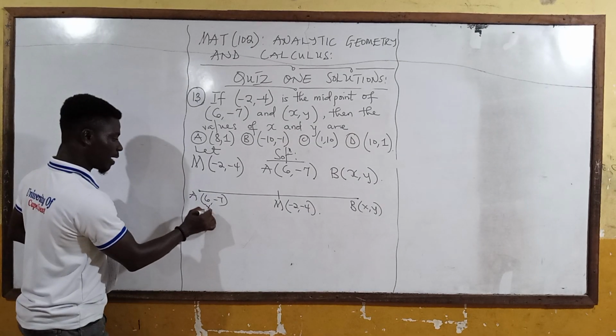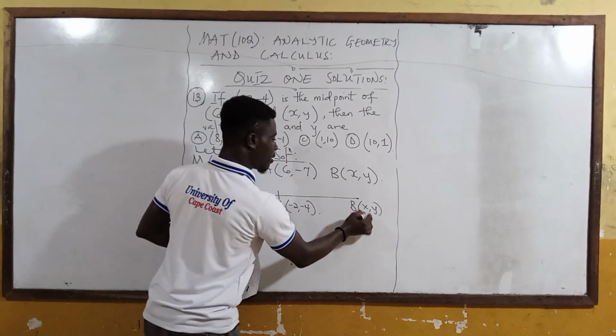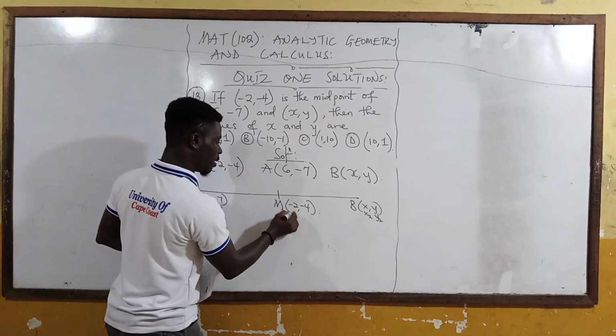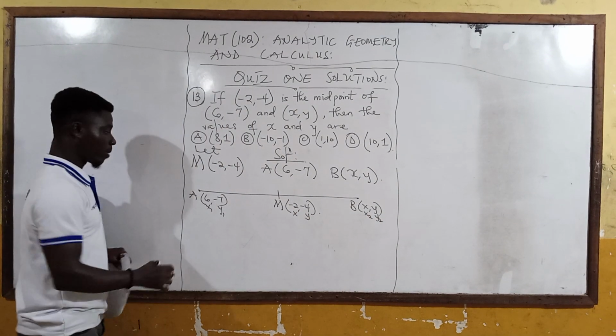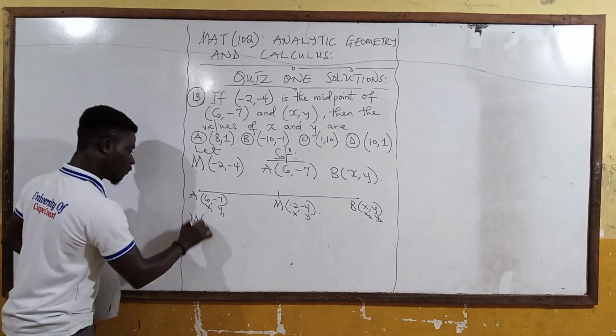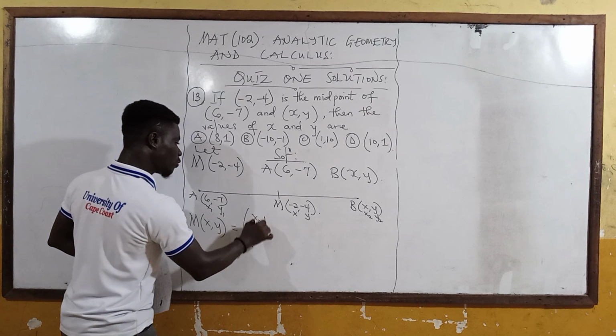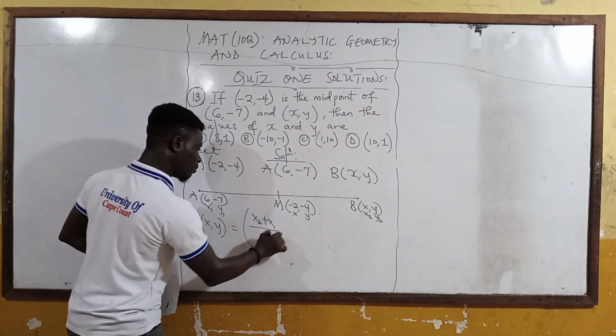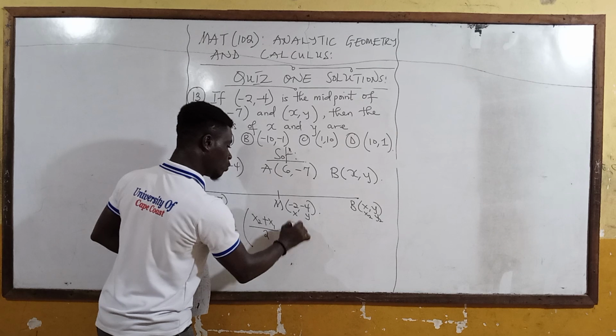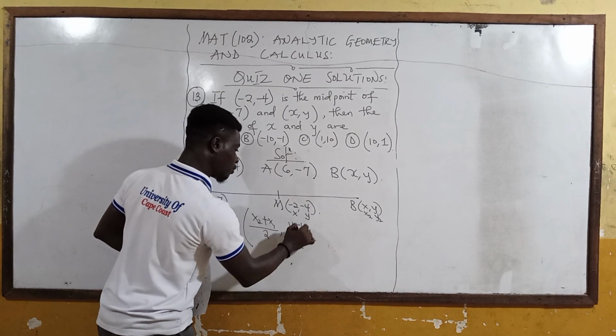So this one is my x1, y1, x2, y2, and this is my x, then y. So my midpoint must be equal to (x2 plus x1) divided by 2, (y2 plus y1) divided by 2.